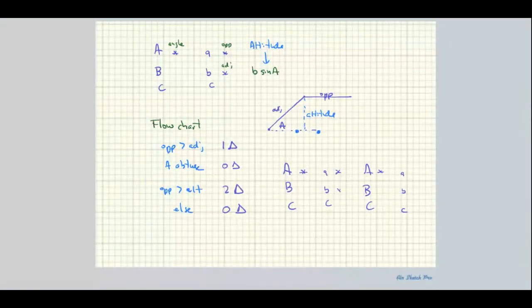And the sides that were given are not going to change, okay? But we're going to have a first and a second B.